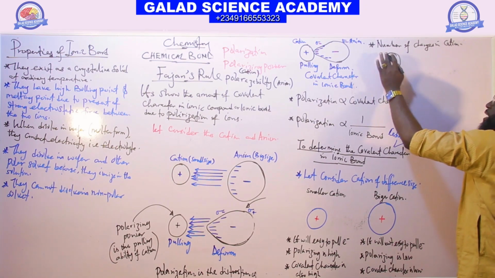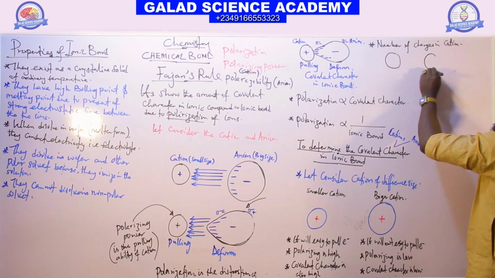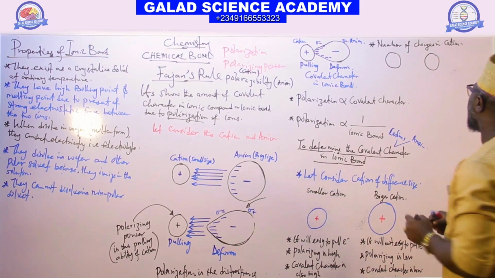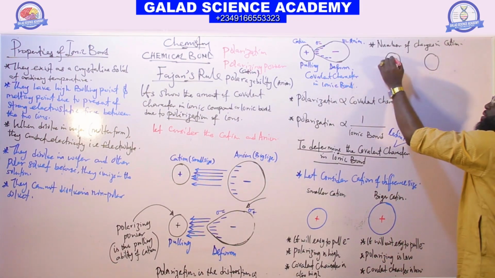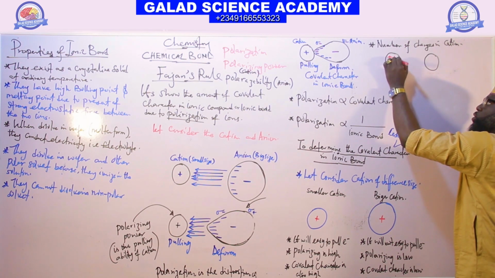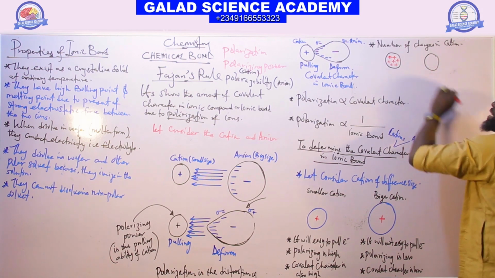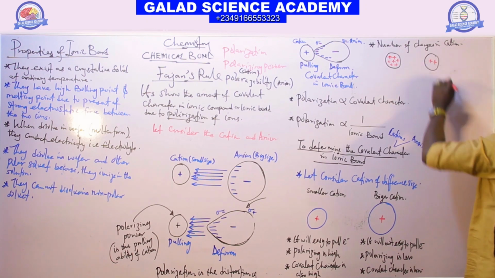Take for instance, if you have this one cation, this is the second cation, they are of the same size this time around. But in terms of charge, say we have 7 charges here. In terms of charge, we have 2 charges here.